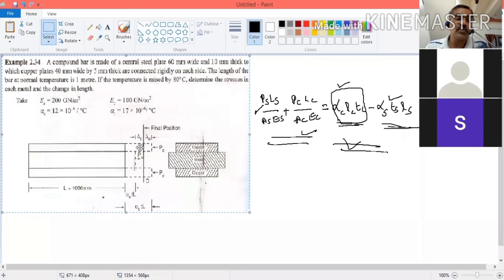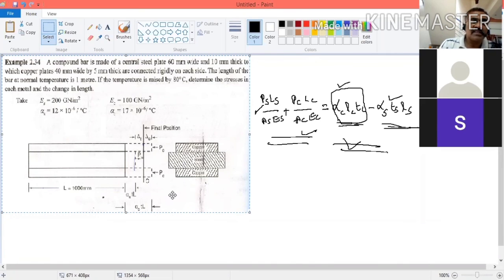There are two coppers, here one copper and here one copper. So let us take the load applied in the copper as Pc, load in the steel as Ps, and the load in this copper as Pc. Because both coppers are identical, the load will be the same.